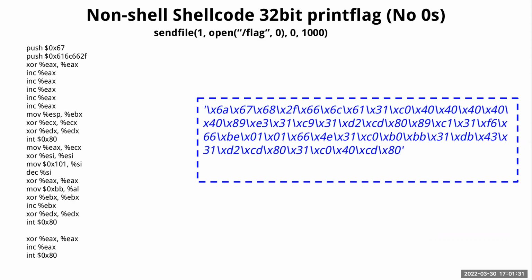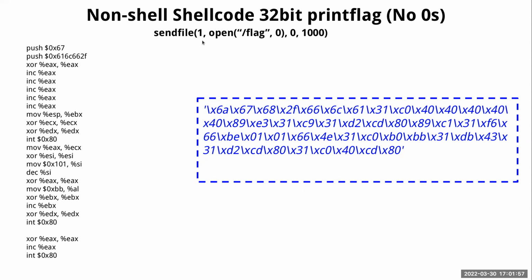So this is a shellcode you have been using for the 32-bit on the server to print the flag. I think we went through this shellcode before. Basically, the shellcode does two things. First, it opens the file /flag. Then it sends that file to stdout, which is file descriptor 2.